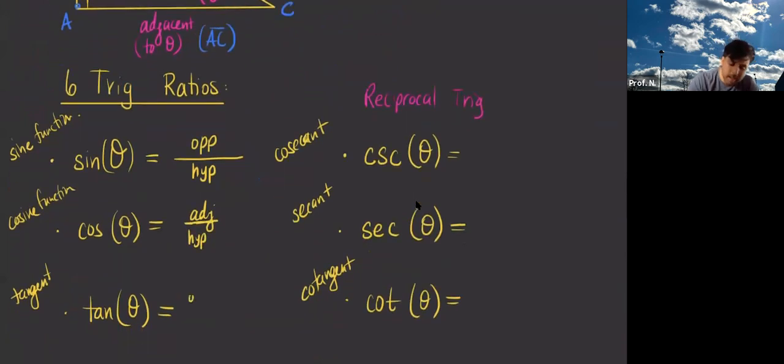And tangent is the opposite side over the adjacent. What is cosecant? It's the reciprocal of sine. So it's going to be the hypotenuse over the opposite side. Secant is the hypotenuse over the adjacent side. And cotangent is going to be adjacent over the opposite side.